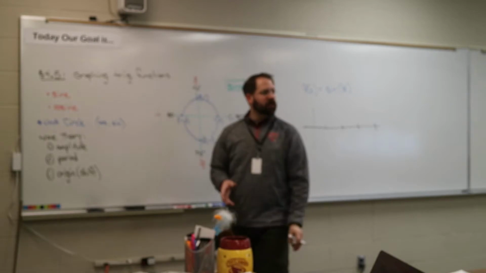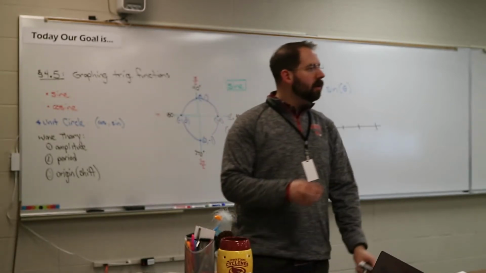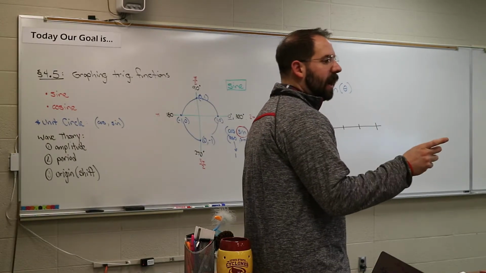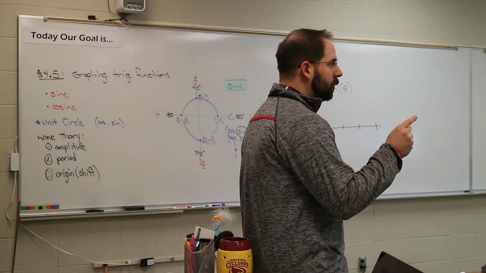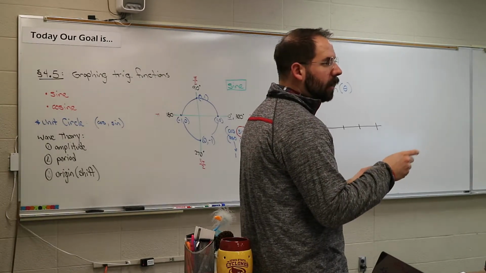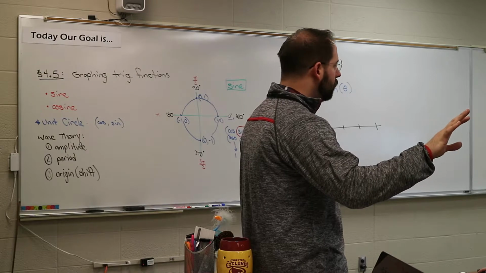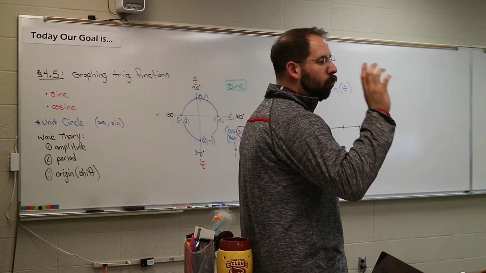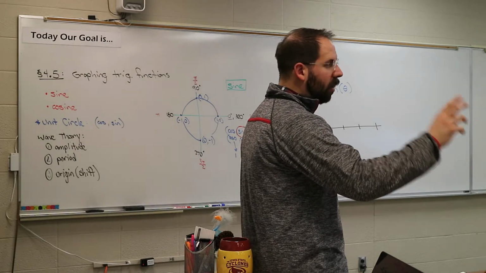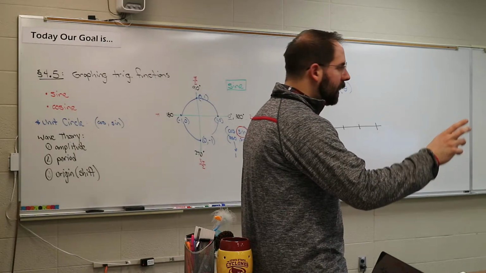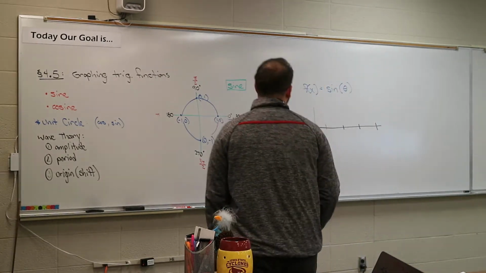What I'm about to show you is one picture length of what the sine graph looks like. One picture, one snapshot. Now it continues in both directions without limit, but I'm giving you one period length, one picture of it.